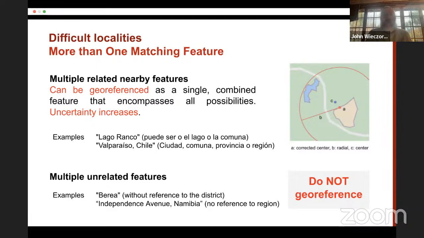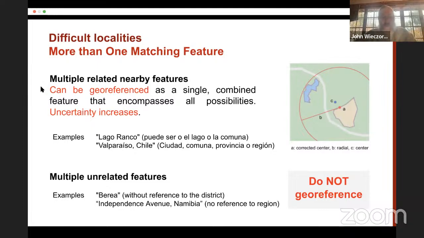When two features are related and nearby to each other, so we're not talking about two cities called San Leandro, which are on opposite sides of a country. We're talking about San Leandro, which could be a town, or it could be a river. And the two are right next to each other. In that case, what we have is this first situation, multiple related nearby features.